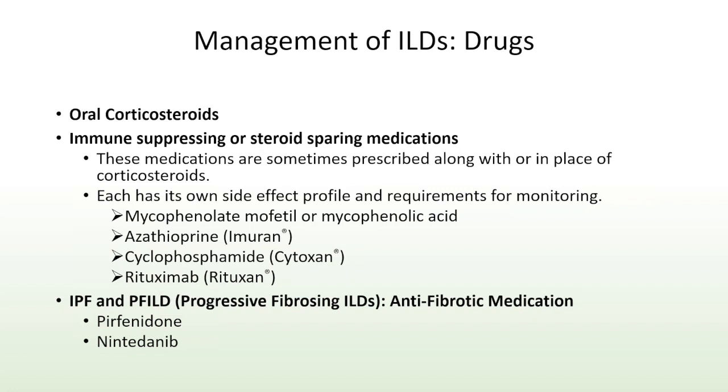Because fibrosis becomes the dominant pathology in about a quarter of these diseases, antifibrotics have been tried, and there are trials available now which have shown that these are useful in these entities also. So if non-IPF diseases are developing fibrosis on steroids and immunomodulators, then we can step in with antifibrotics.